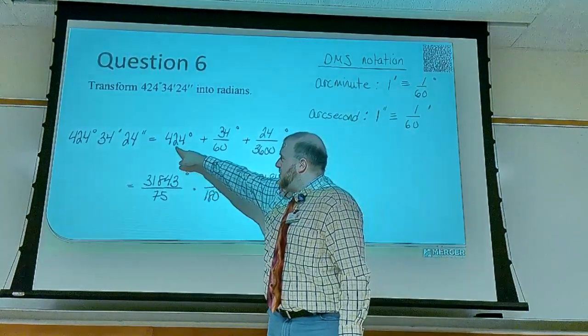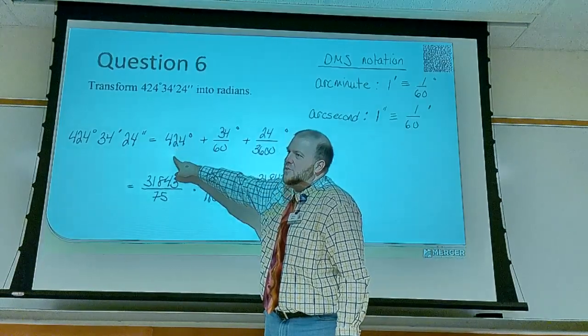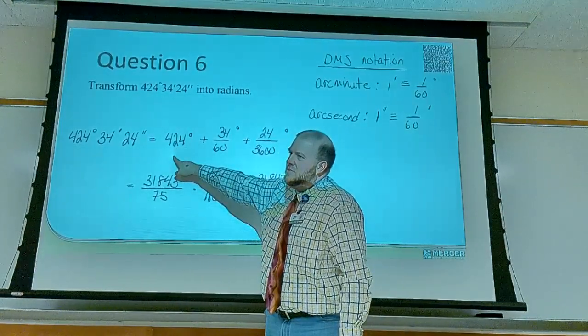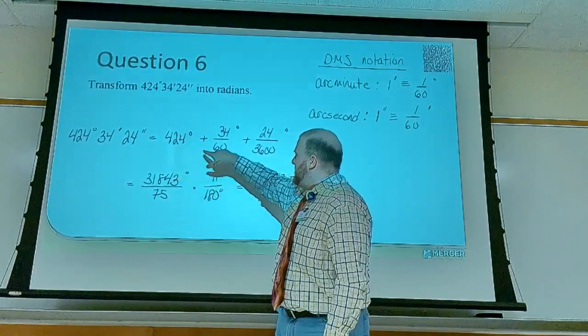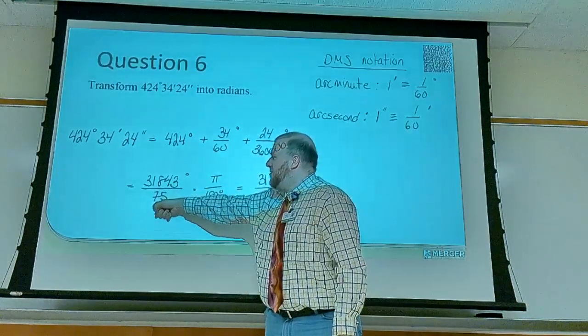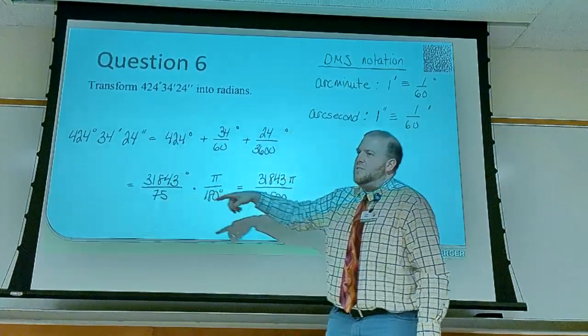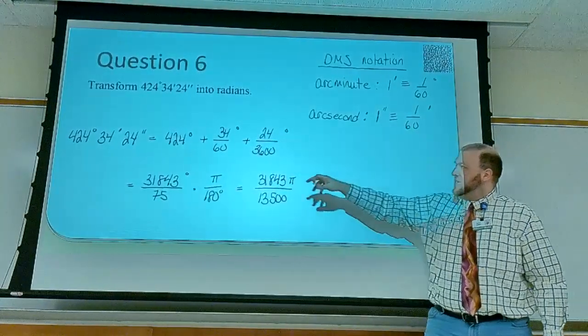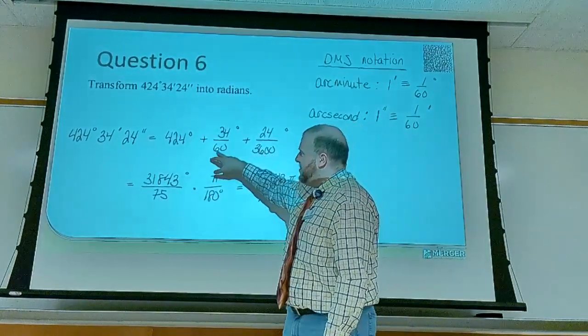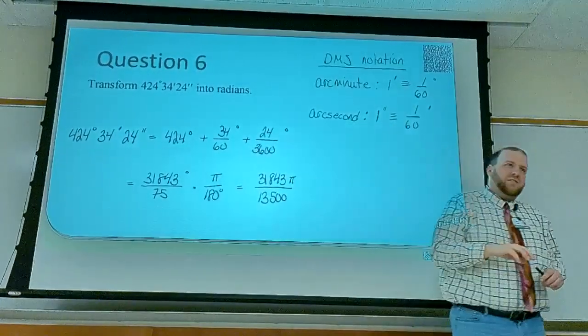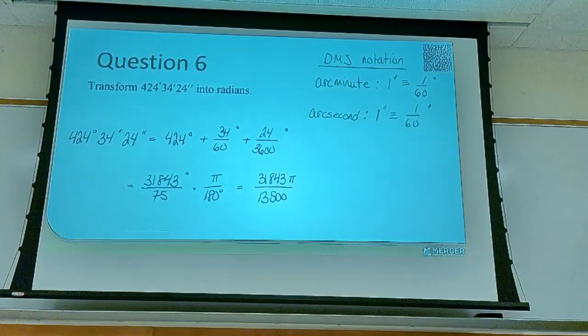Remember, it's always understood to be over 1. So the LCD here happens to be 75. You want the LCD between 3,600 and 60, your least common denominator.